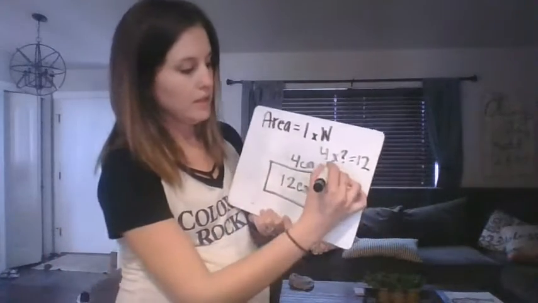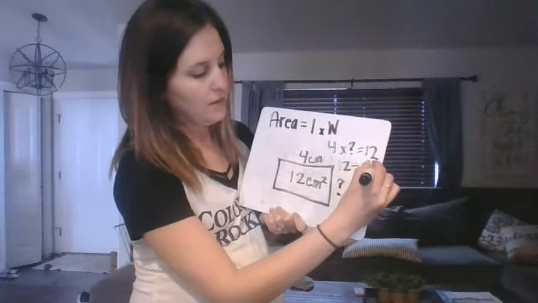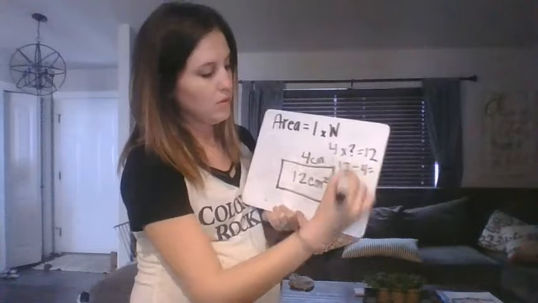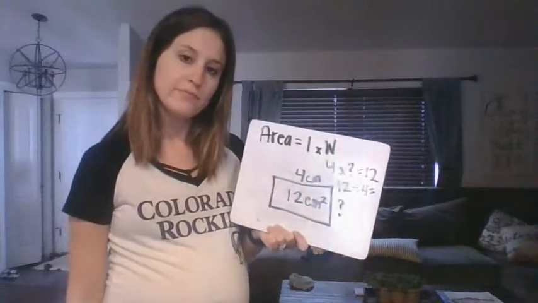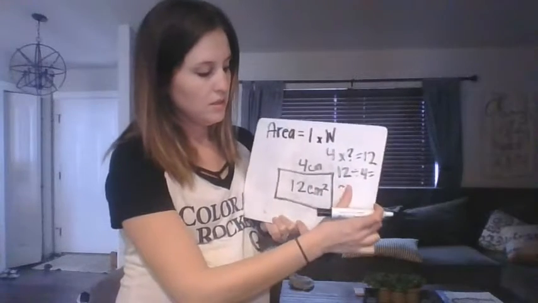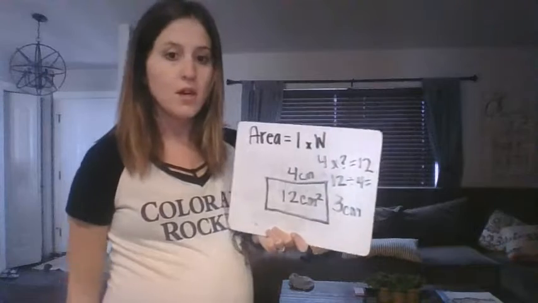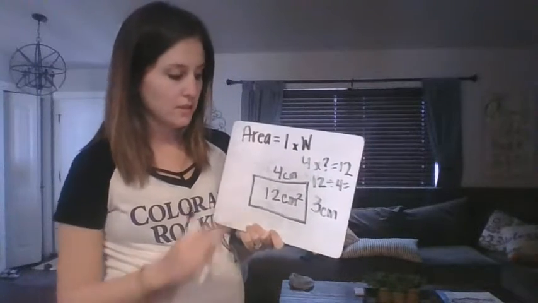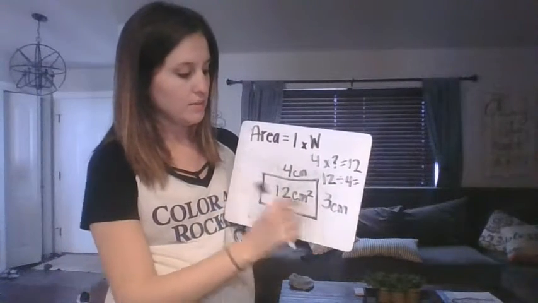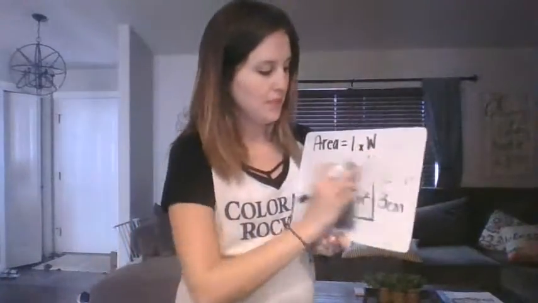Or you could also be thinking, okay, 12 divided by 4, what would that give us? Well, 4 times 3 is 12. So 3 centimeters would be our missing length. So let's check it. 4 times 3, does that give us 12? Yep.